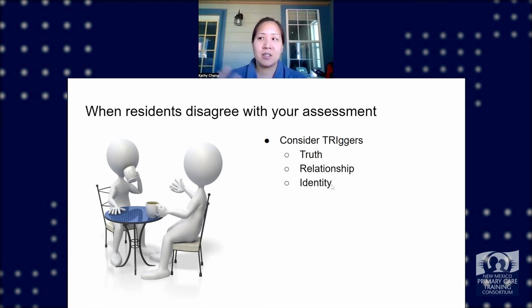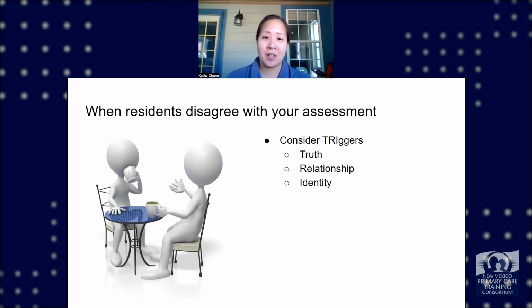And then identity. So this issue is around the self-view, self-identity. So if what you are saying is at odds with how this person sees themselves. So you might say, you know what, you are really coming across as harsh to the medical students, and I don't know that it's the most helpful learner-centered environment or something, and they feel like, I'm a strong educator.